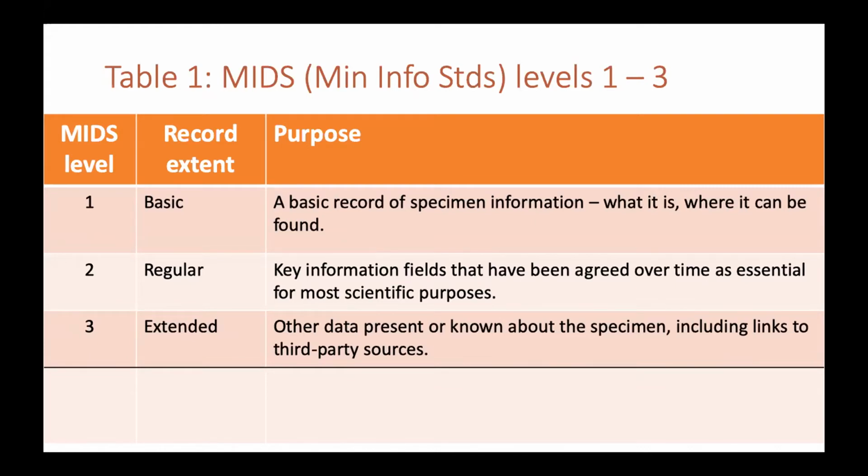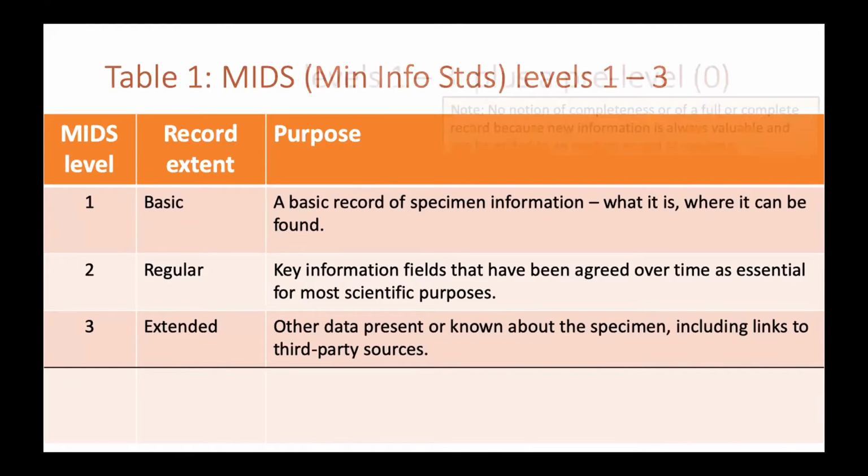If it was the 19th century, you could envision that as the index card with Darwin's handwriting what this is, where he found it. The next extension out from that is key fields, and the one after that is extended, which we'll talk about. The prominent feature there is beginning to build this knowledge graph across all the specimens.